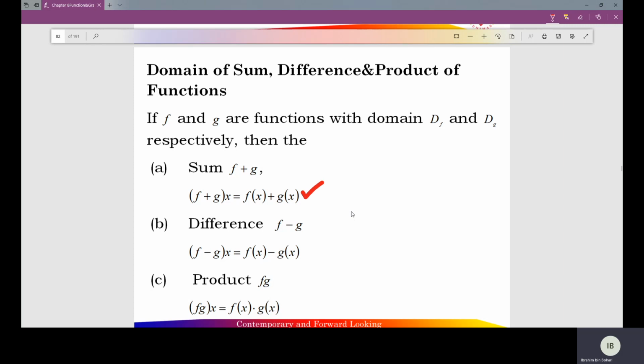Second, difference, f minus g, f(x) minus g(x), and the product of two functions, f(x) times g(x). Okay, this is the basic concept of the sum, difference, and products of two functions.